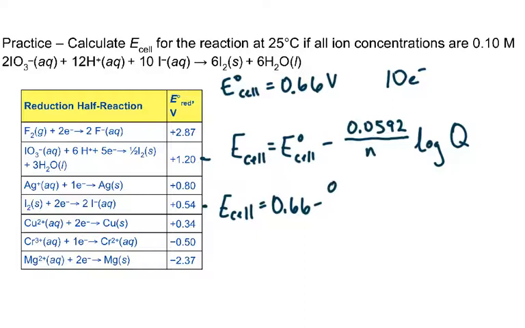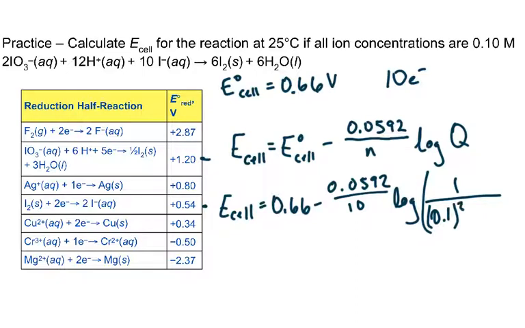And my Q in this case, let me write the rest of this down again, is 0.66 minus 0.0592 over 10 log. And my Q is going to be, oh, sorry, I need to start with my products. I don't have any products in the common phase, so I'm just going to put a 1 up there. And then my reactants are, for the IO3 minus, 0.1 squared.